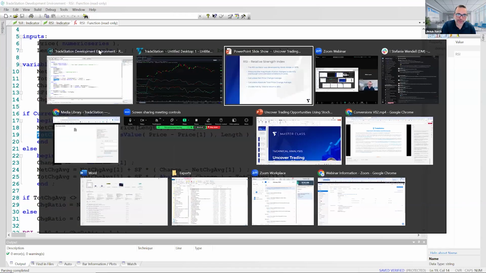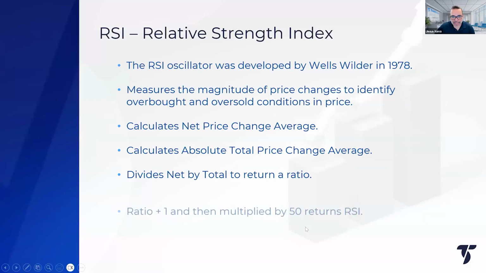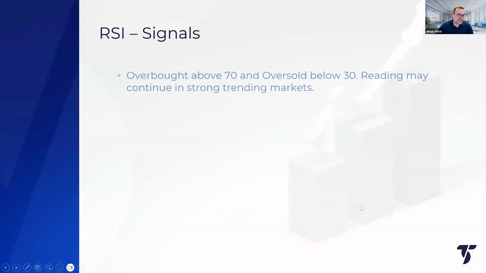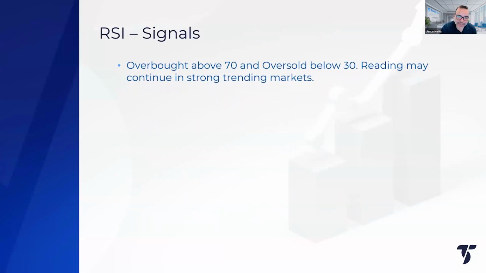Let's go back here to my PowerPoint. That's details on the formula, but it returns the RSI number. The signals, again, they're going to be very similar to what we saw in the stochastics and the percent R. We're looking for something that's overbought or oversold.